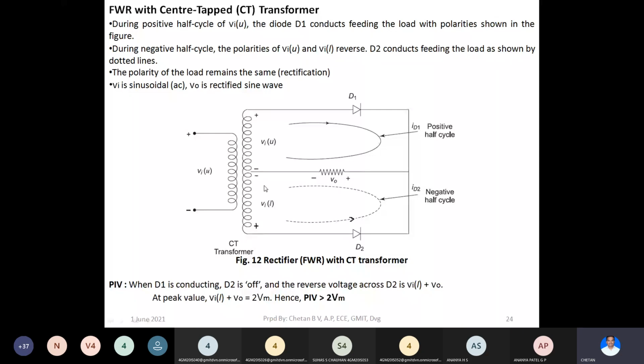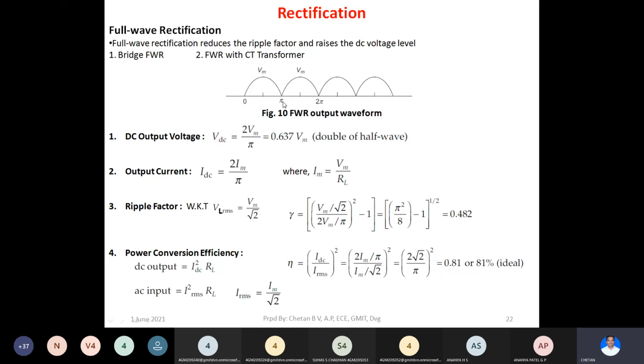Therefore, D2 will be forward biased as the anode is connected to positive terminal. Therefore, current will flow in this direction as indicated by the dotted line, and it will flow in the same direction through RL as it passed during the positive half cycle. Therefore, during the negative half cycle, you will get an output from pi to 2 pi like this.